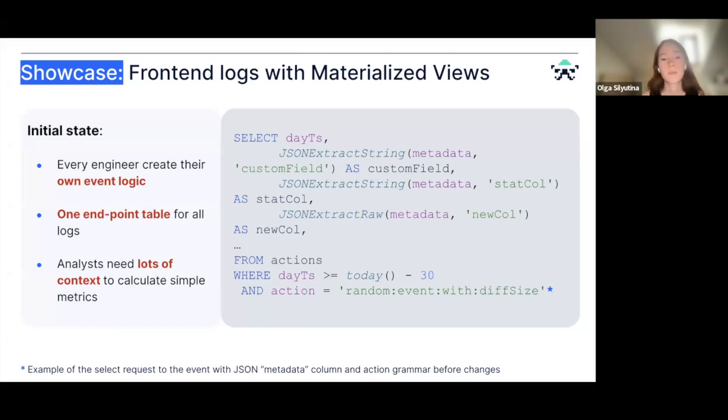First of all, we had no defined logic for events that we could insert in our data lake database. And every engineer who would like to write a new event created their own logic and their own namings, etc. On the right, you can see an example of how random it could be overall.